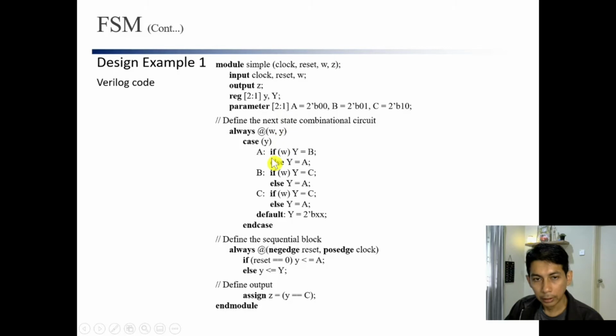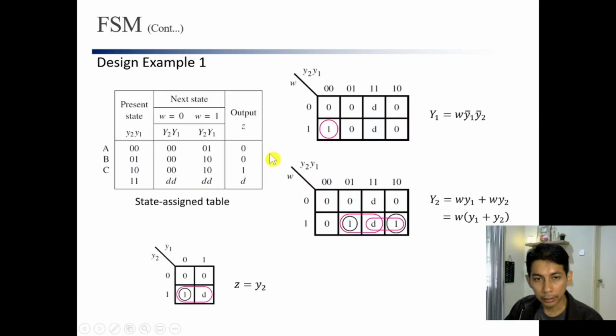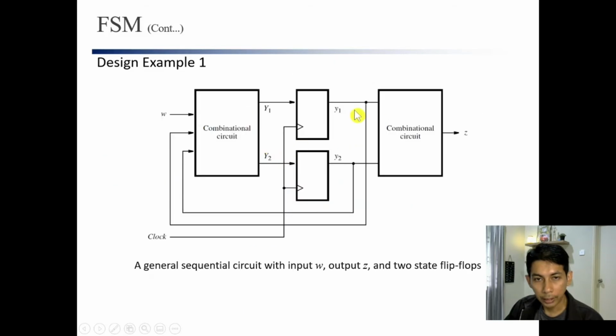Look at how to describe the next state combinational circuit. Case y: if we are in state A, or 0 0, meaning y equals 0 0, what should the output be?